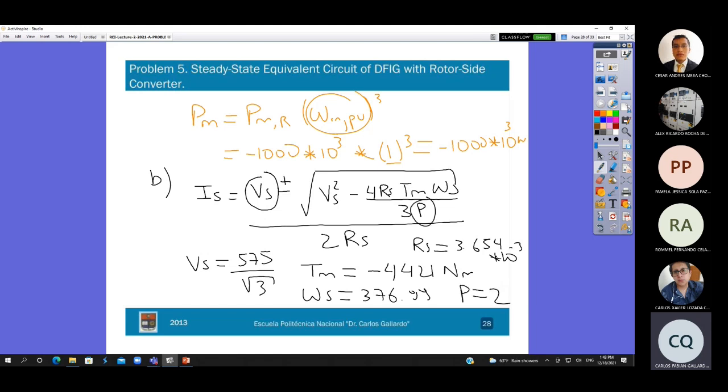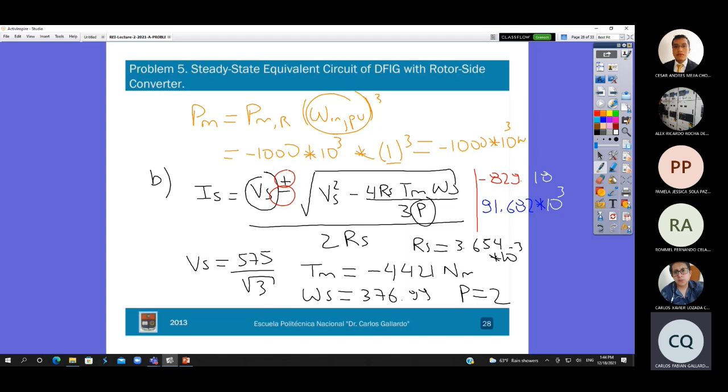So let's compute the current using plus and minus because I am solving a quadratic equation. Therefore I will get 2 currents. The first current is 829.18 amperes, and the second current is 91.682 times 10 cubed amps.